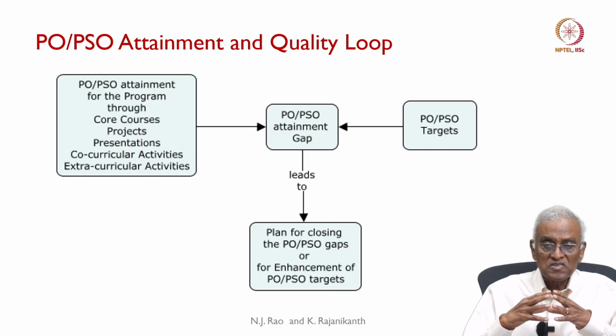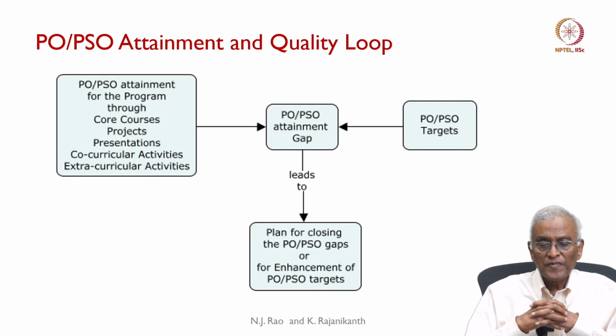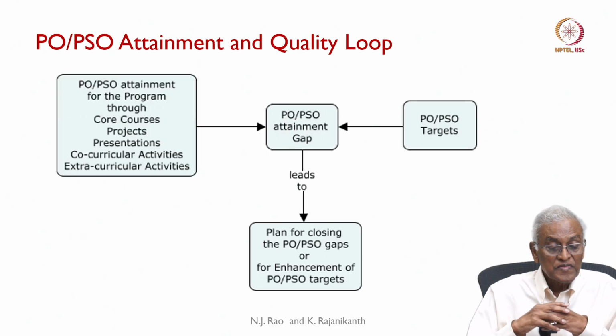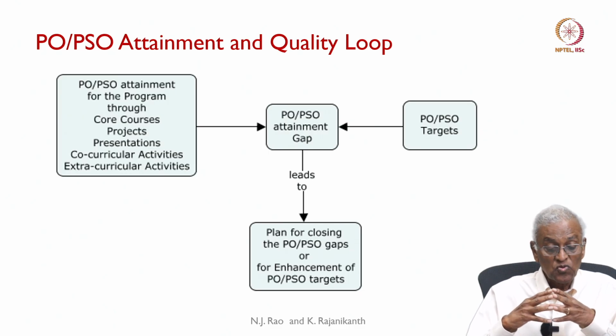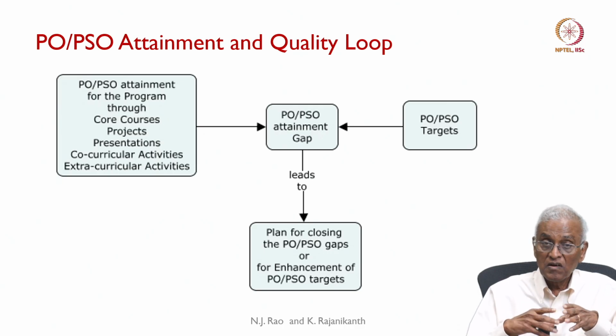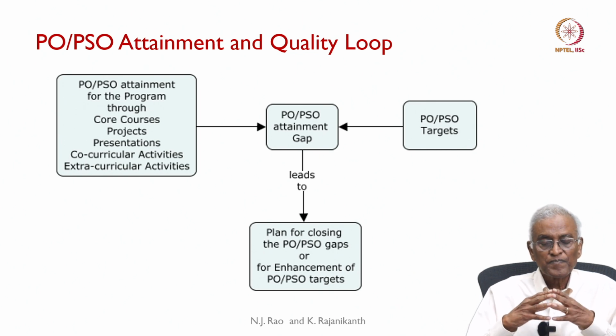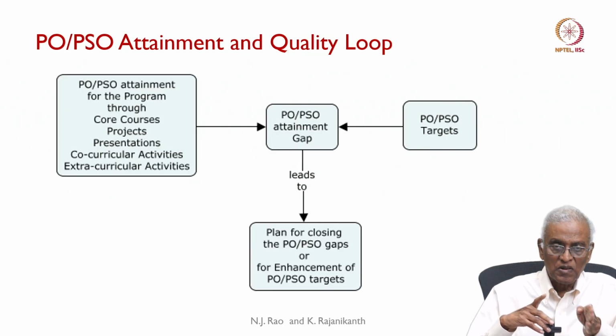Now, a similar kind of quality loop exists here, though it doesn't look like a loop. The PO-PSO attainment for the program comes through core courses, projects, presentations, co-curricular activities and extracurricular activities, which satisfy all the requirements I just mentioned: that all students participate and their participation is measurable.